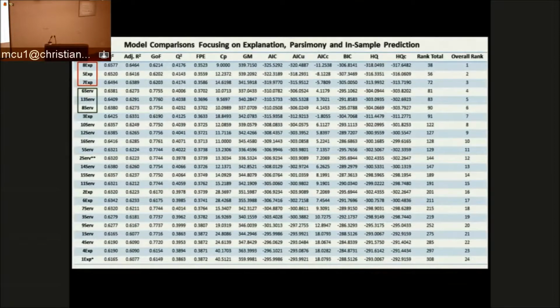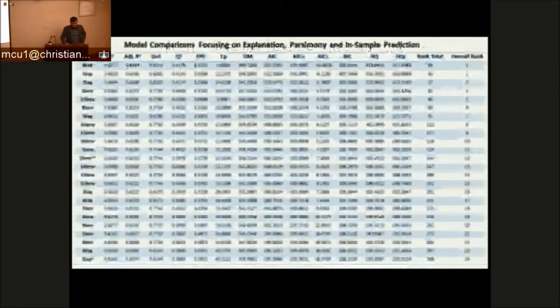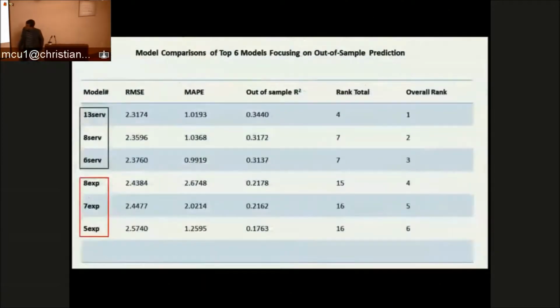They're not extremely different from each other. But if you look at the out-of-sample R-squared value for out-of-sample prediction, this value, 34%, compared to that value, there's a big gap. 34 and 21. So I would say 13 served gives you the best mix of explanation power and prediction power.